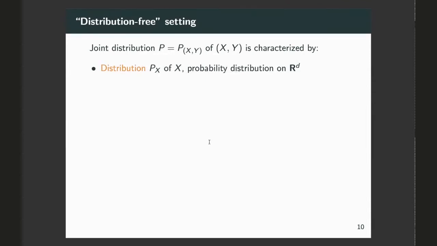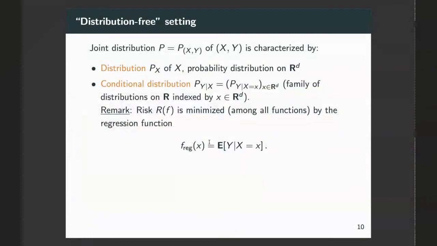So formally, we have a joint distribution of the pair X and Y. And this joint distribution is characterized by two things. The first one is the marginal distribution of X, which is a distribution on R^D. And the other thing is the conditional distribution of Y given X. This is a family of distributions of Y, on R, indexed by values of X in R^D.